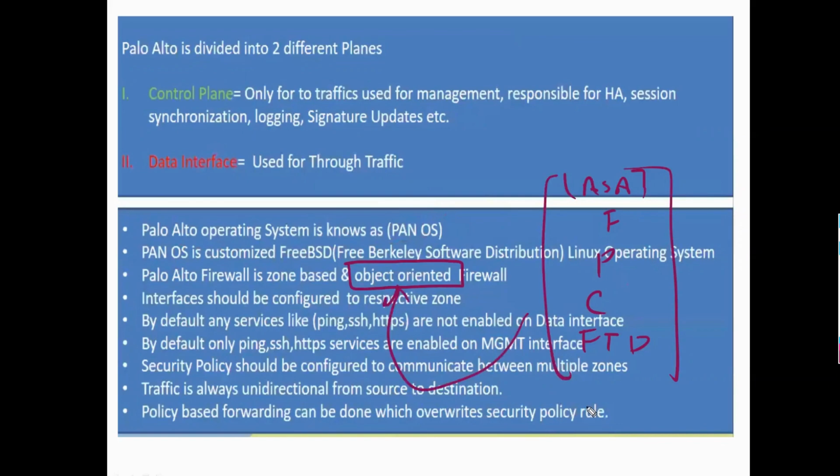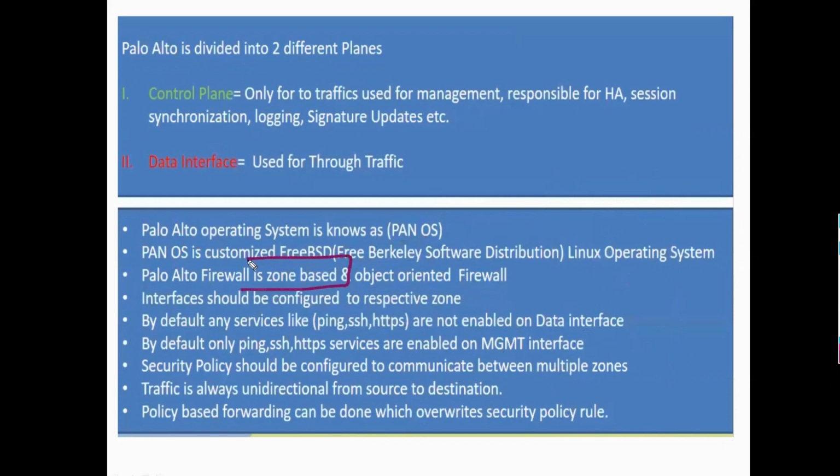What is an object? In these firewalls, we can create objects, and we can use these objects in our configuration. What is an object and how to create it? I will tell you in the configuration. But remember always, ASA, Palo Alto, Checkpoint, FTD, these are object-oriented firewalls.